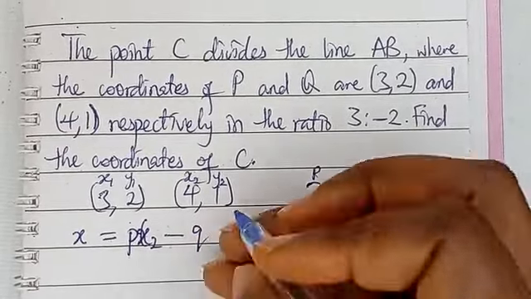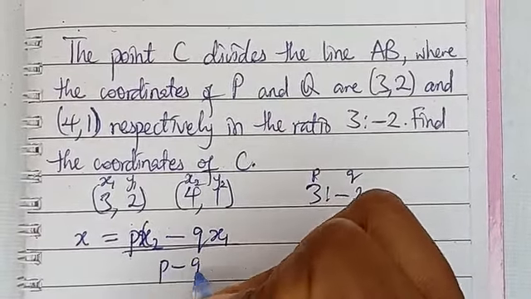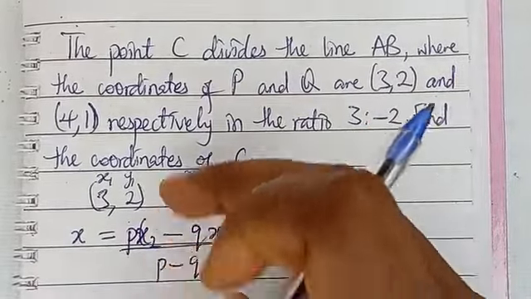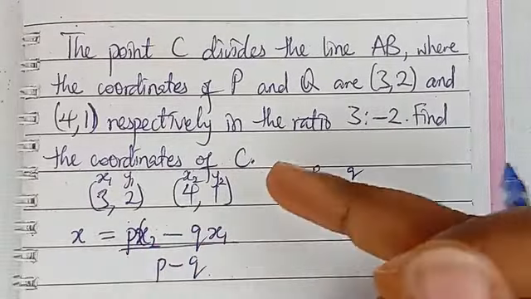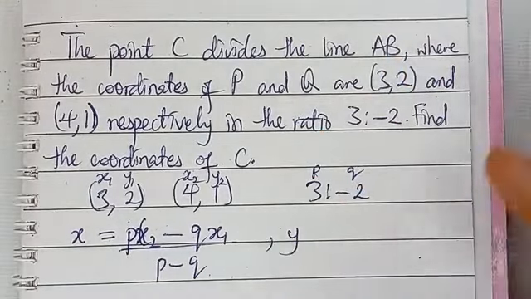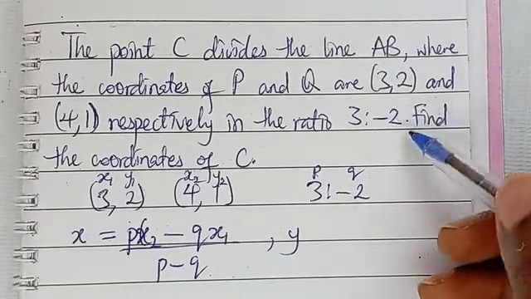And then Q x1 over P minus Q. So all that changes is that there is a negative in between, both for the numerator and denominator. And for the other one, it is all positives. So internal divisions are positive, external divisions are shown by this negative.